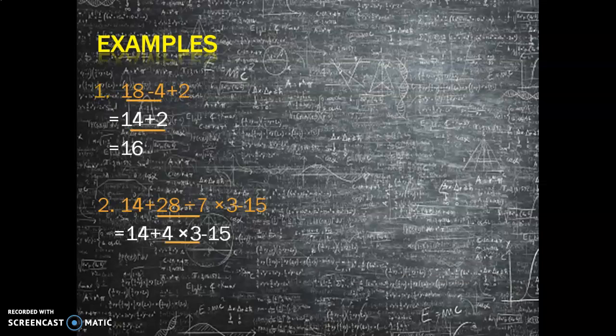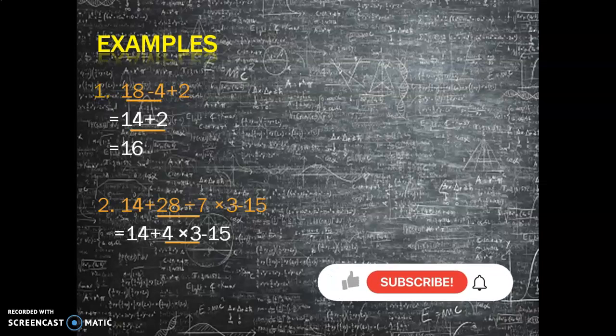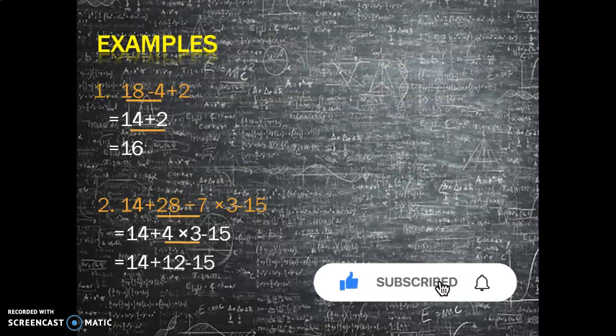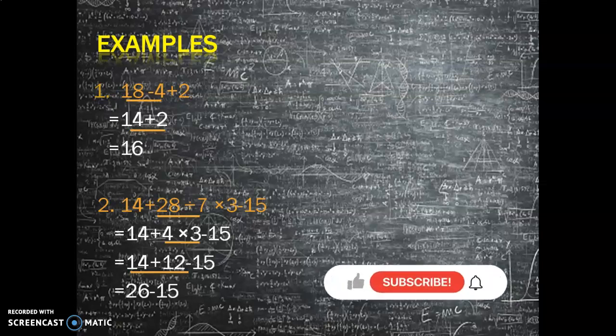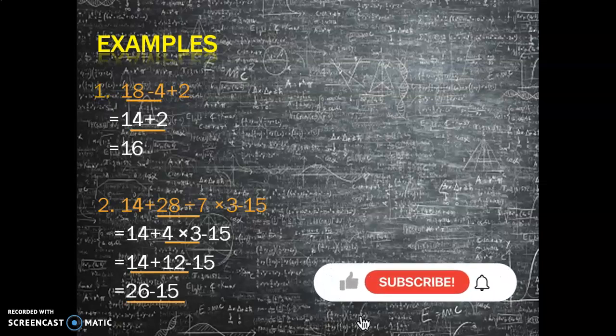Now we will solve the multiplication part, that is 4 into 3. By solving we will get 14 plus 12 minus 15. Now normal solving, whichever is first, as it contains plus and minus. So we will solve first 14 plus 12. We will get it as 26 minus 15. Now 26 minus 15 is 11.